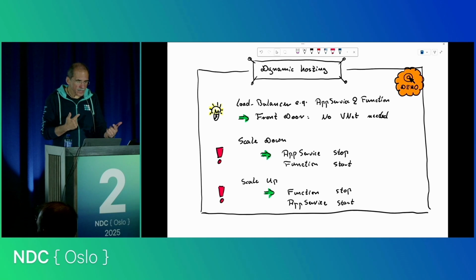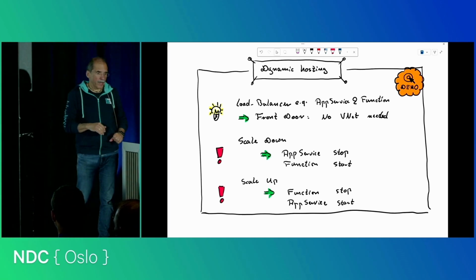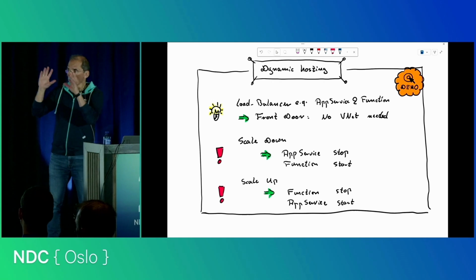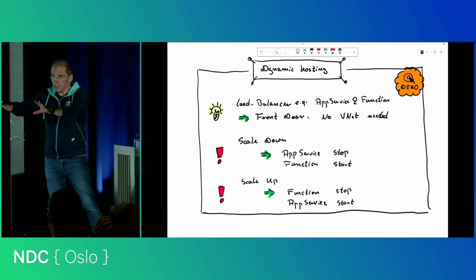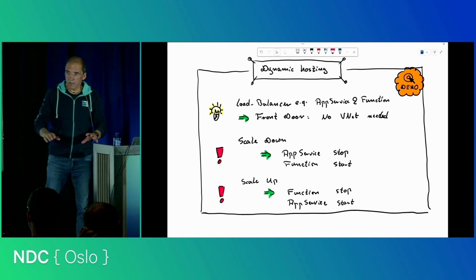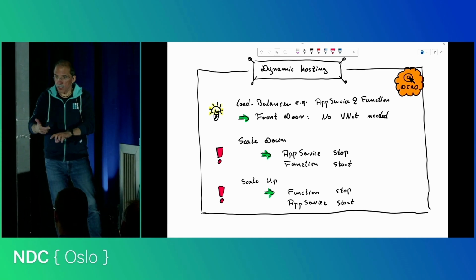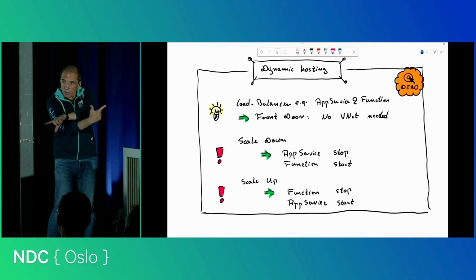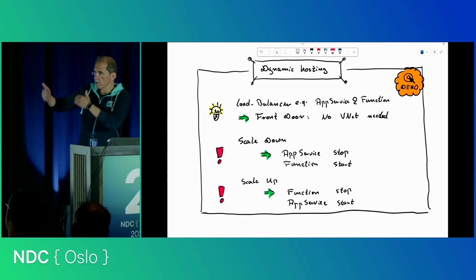The trick is we use a little bit of PowerShell, and if we want to scale down, we stop the app service, and then we switch our route, and vice versa.